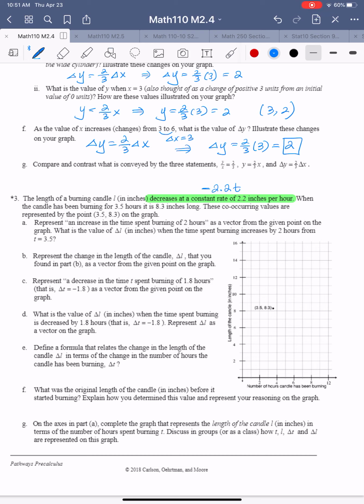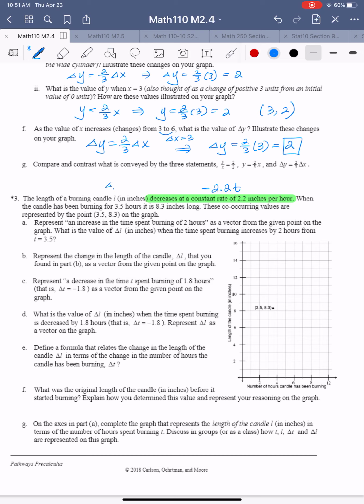The change has been 2 hours. Instead of this one, I can write the full formula, which is delta y, which is delta L. That is a better way to write it.